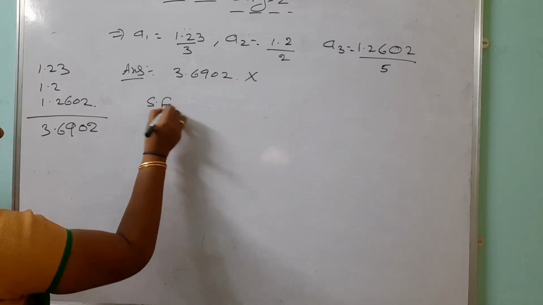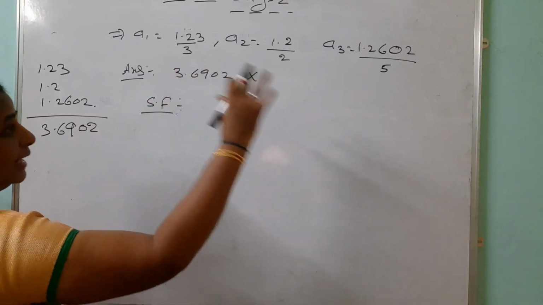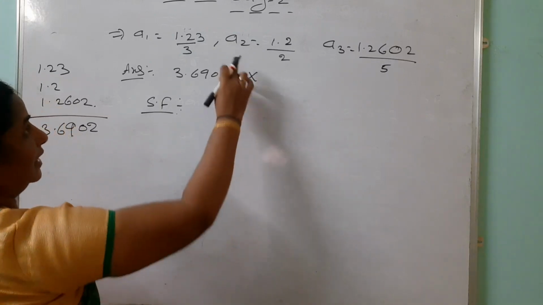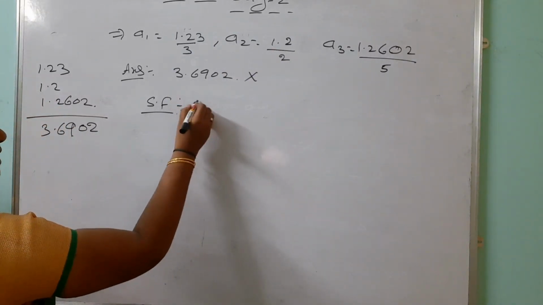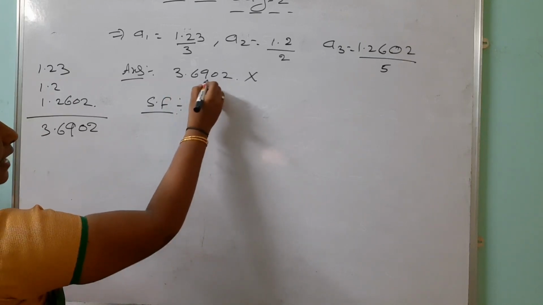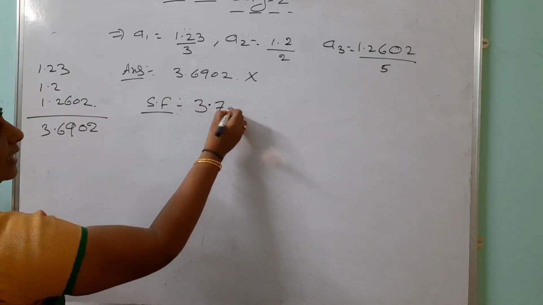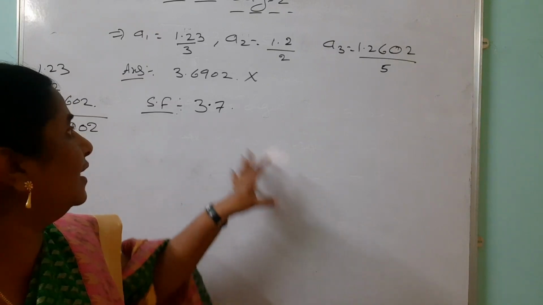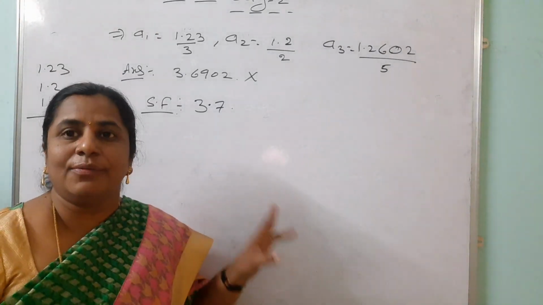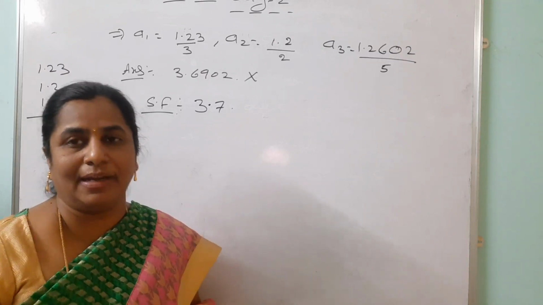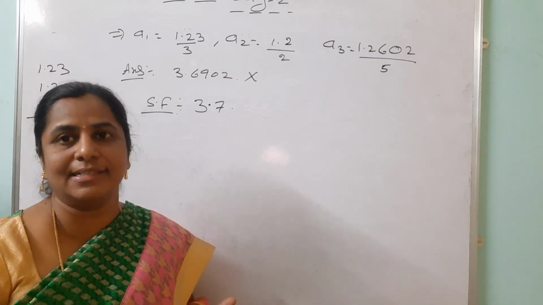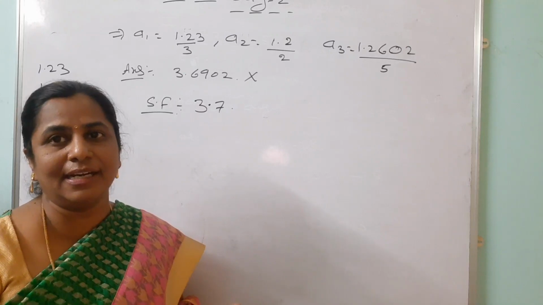According to significant figures, our answer must follow the least significant figures. The least significant figures is how much? 2. So our answer is 3 point, after rounding off the number, 3.7. I will tell you now what rounding of numbers is. So we should express the answer in the least significant figures while doing calculations like addition, subtraction, multiplication and division.